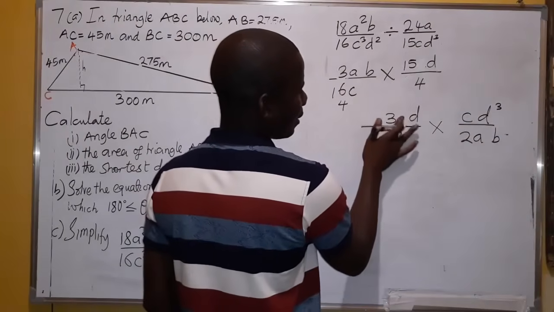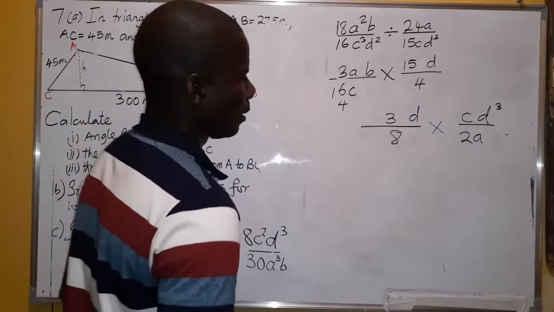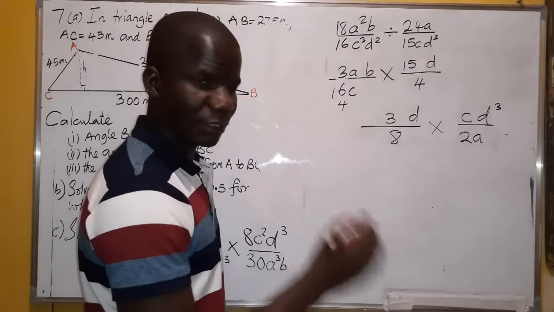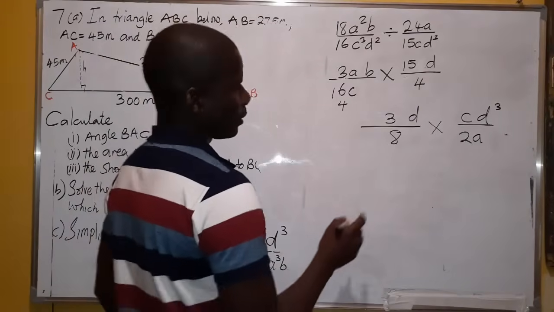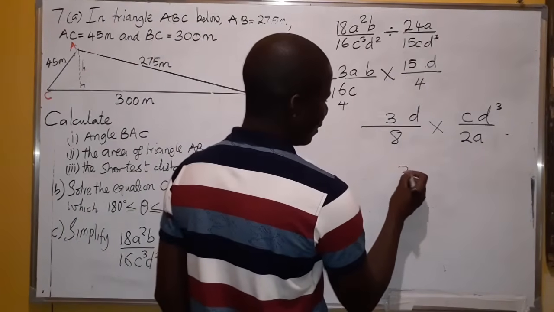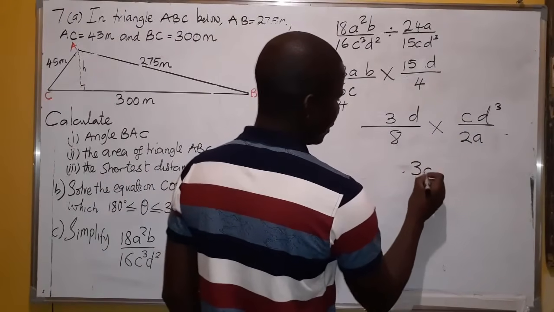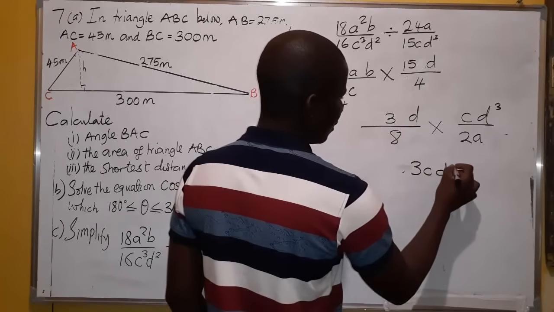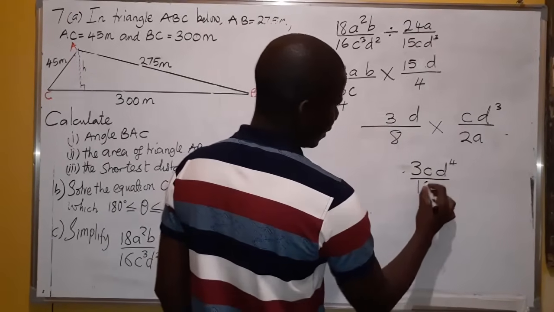B and this b go. Do we still have anything that is common here? I don't seem to see any. So at this point, we're going to multiply. So we have 3 c d to the power 4 over 16a.